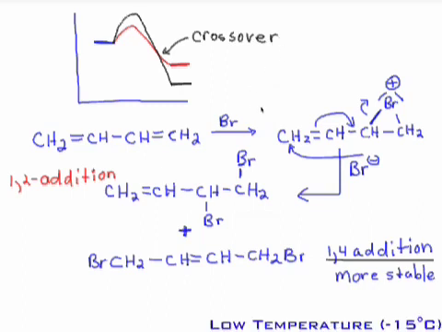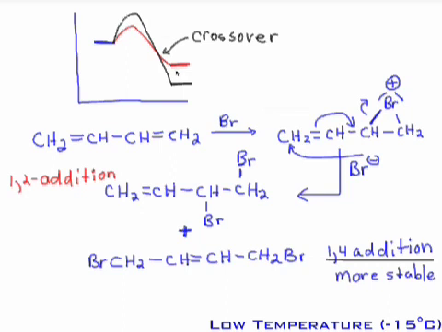And if we consider what happens at low temperatures, like the minus 15 degrees Celsius, at low temperatures we just have enough energy to make it over the red hill. More molecules make it over the red hill than the black hill, and at low temperature they can't go backwards. You're under kinetic control conditions.